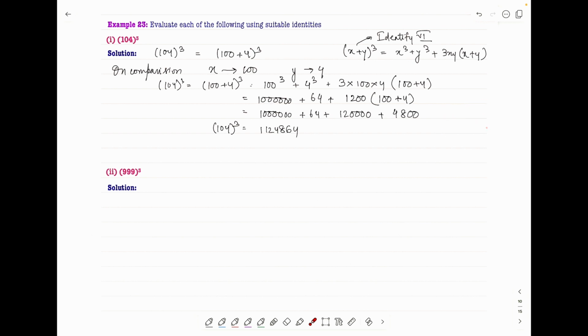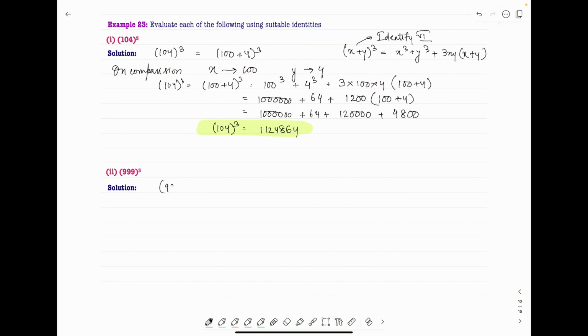Then again 4800 you will add. After 2 zeros, 2 digits are written, so in the last 2 places I will write 64. Got my point? So here 1, then 12 is substituted, then 48 is substituted, then 64 is substituted. So likewise you get the answer very easily. This is the answer.